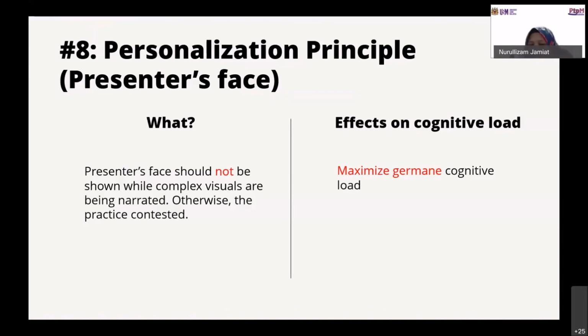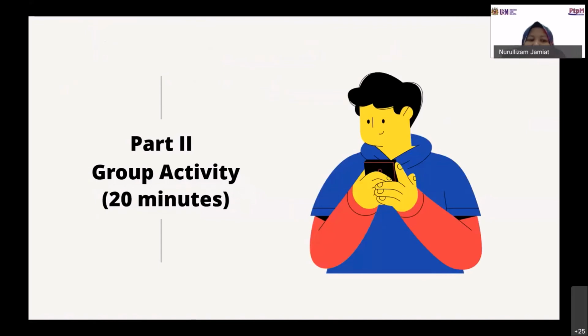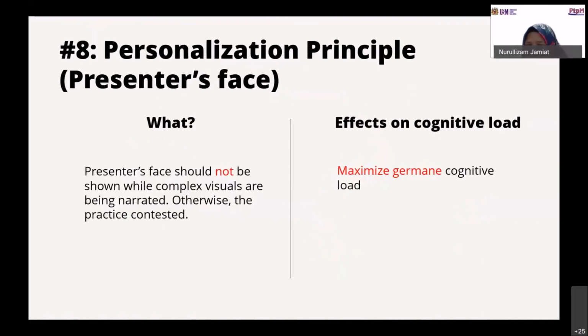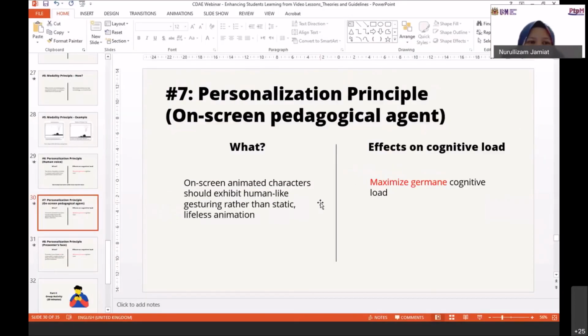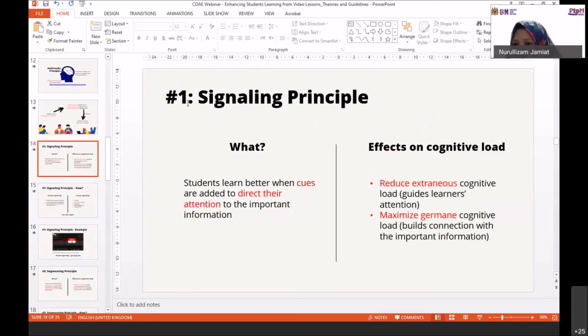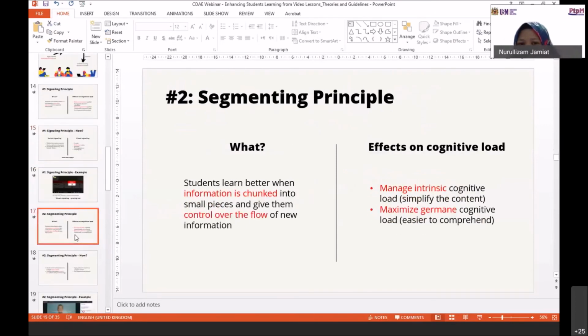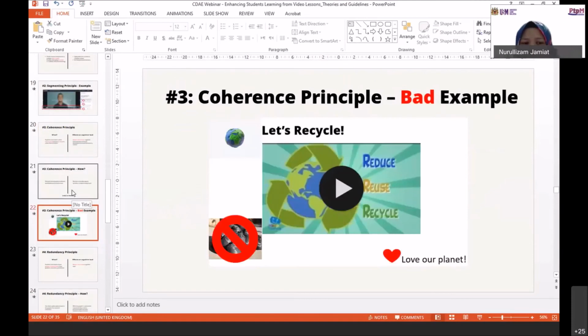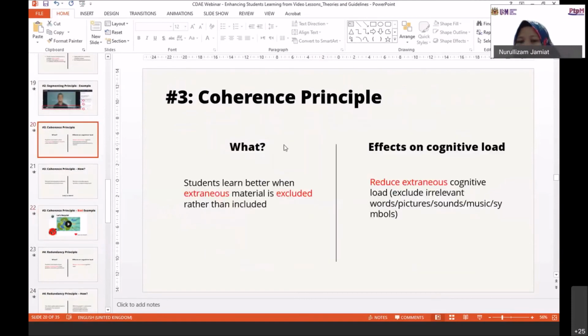So I think I have shared with you 8 principles, right? Let me go back. First we have the signaling principle, using cues. Then we have the segmenting principle, chunking. The third one, we have the coherence principle.